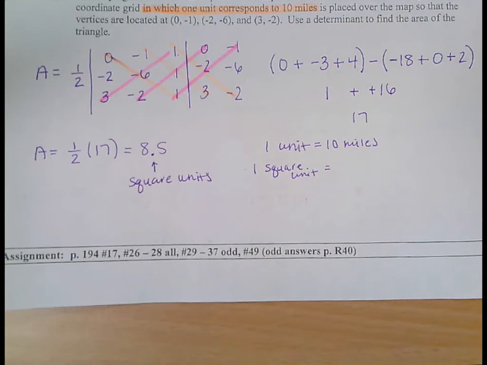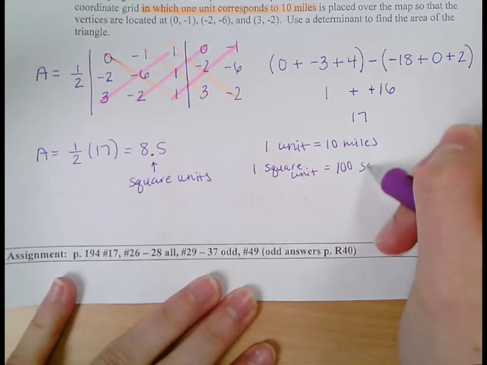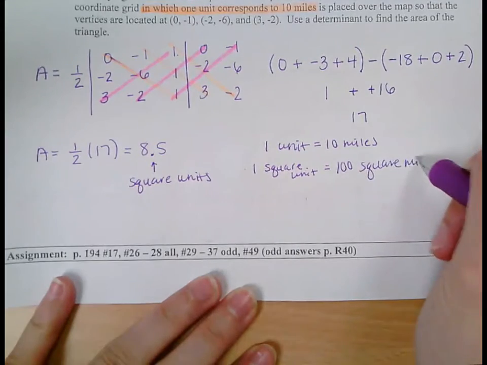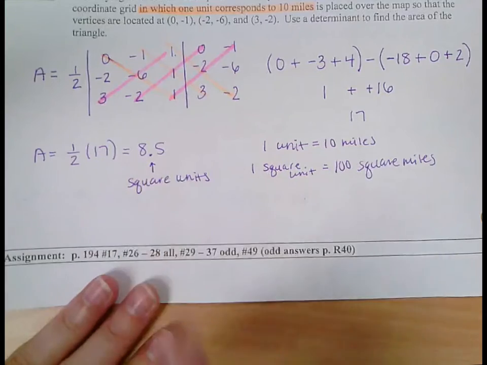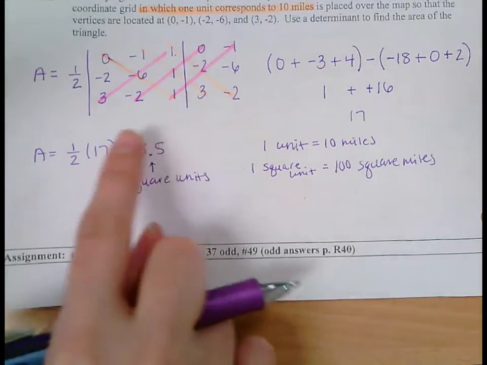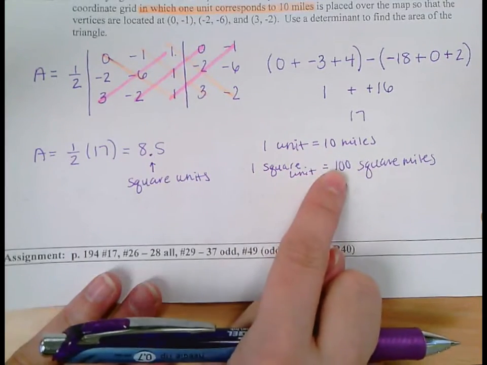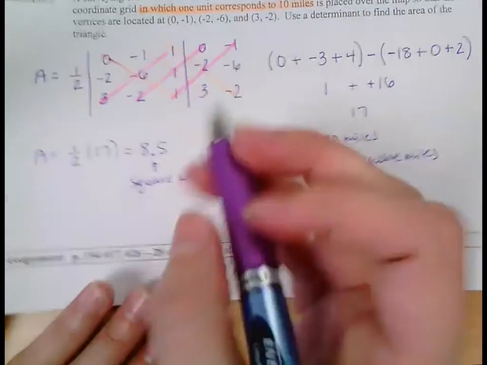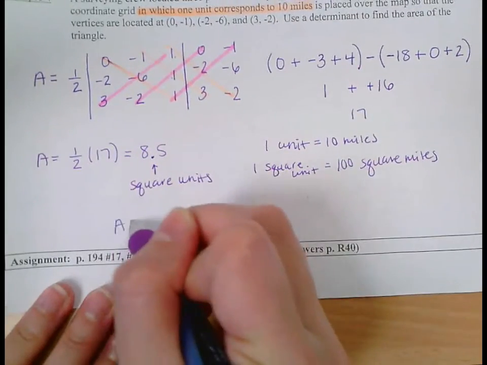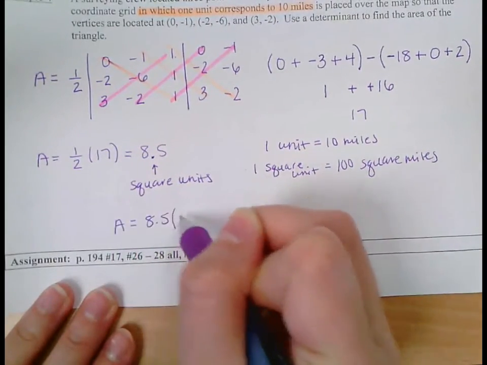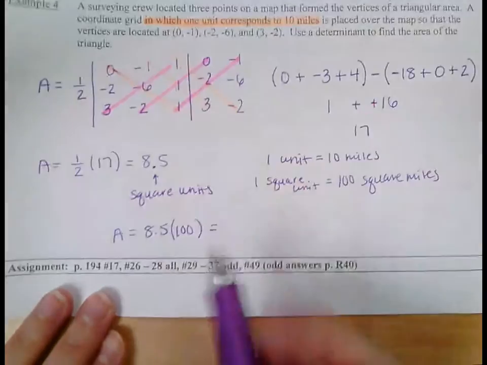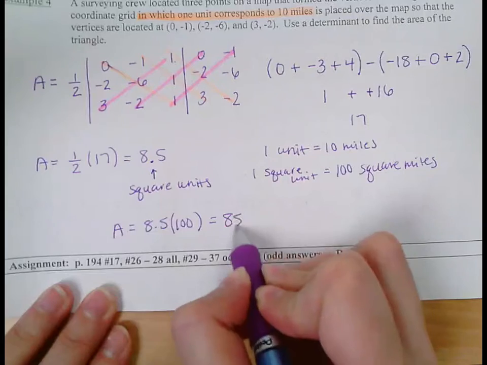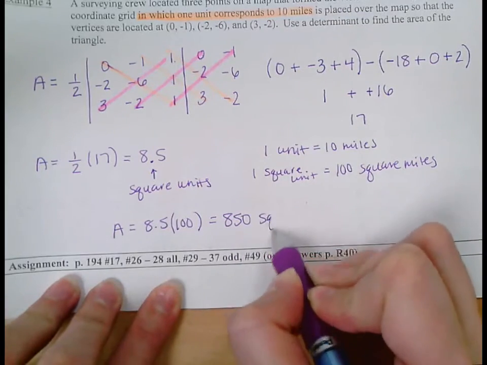So then, knowing that, because I'm dealing with area, which is going to be in square units, I would have to multiply this 8.5 by 100. So ultimately, my area is going to be 8.5 multiplied by 100 because of the scale on this graph. So that's going to be 850 square miles.